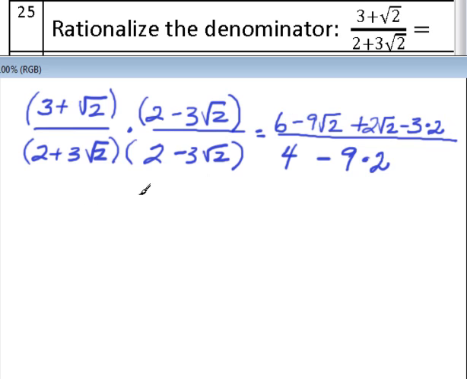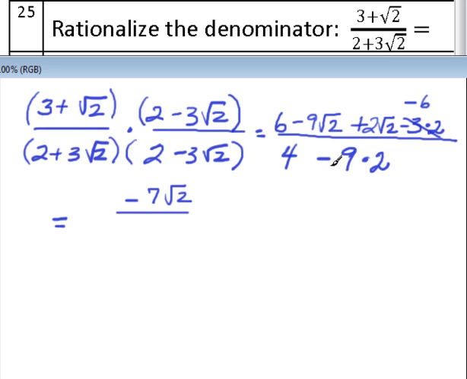So let's simplify that. Minus 3 times 2 is minus 6. All right, 6 minus 6 is 0. And then we have minus 9 root 2 plus 2 root 2. So that's minus 7 root 2.